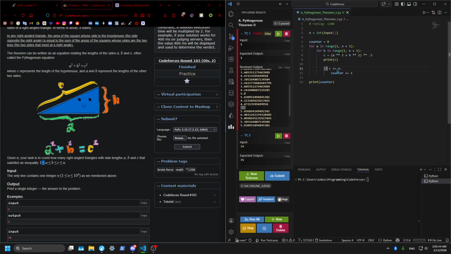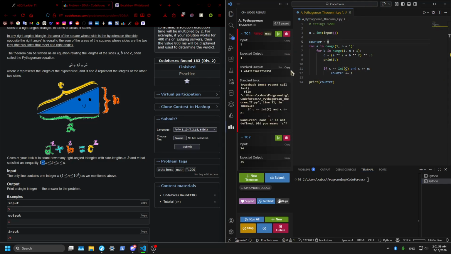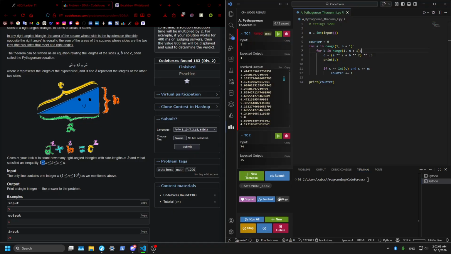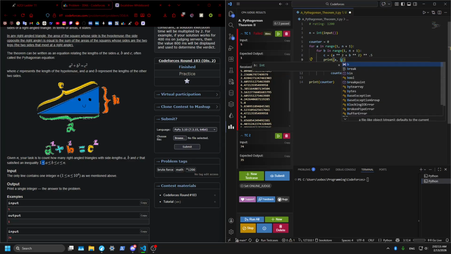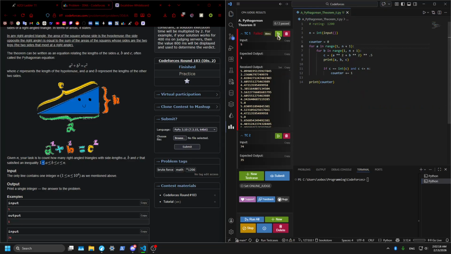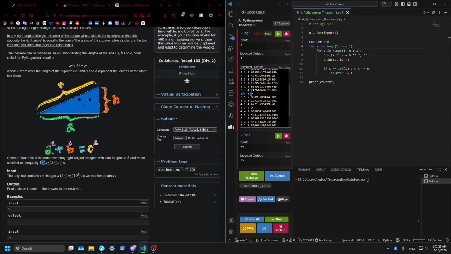Right. C equals int C and check like this. We're down to 2. 3, 4, 5 and 4, 3, 5.